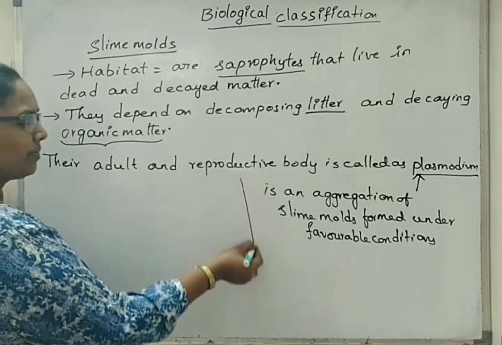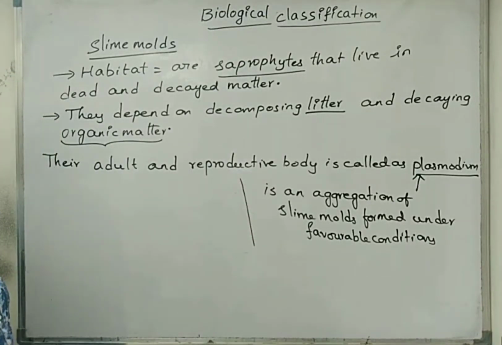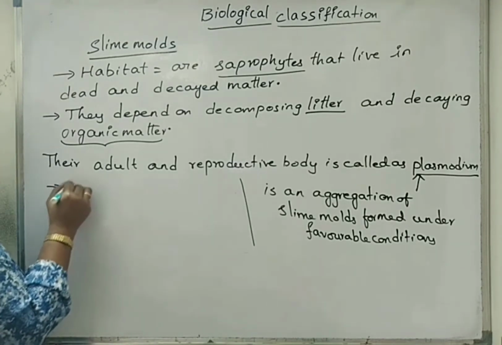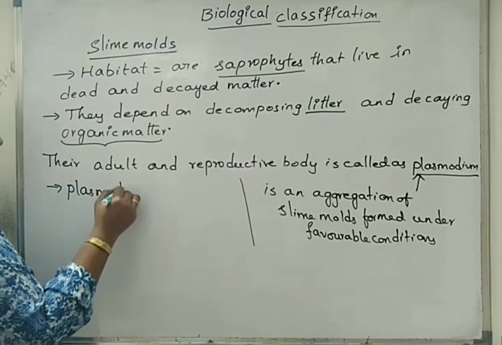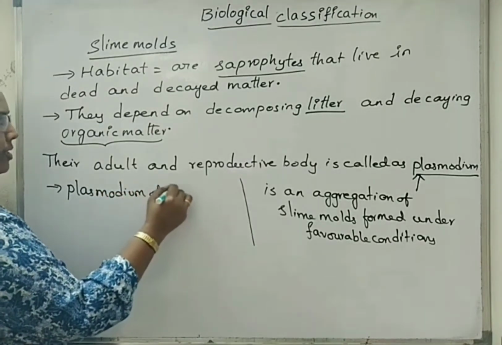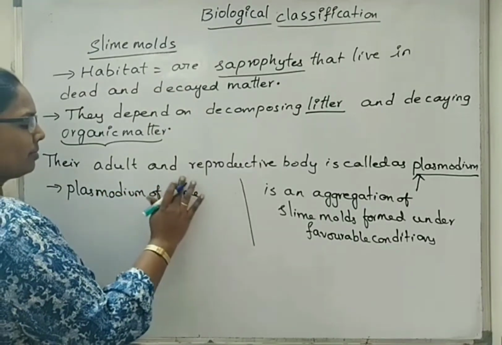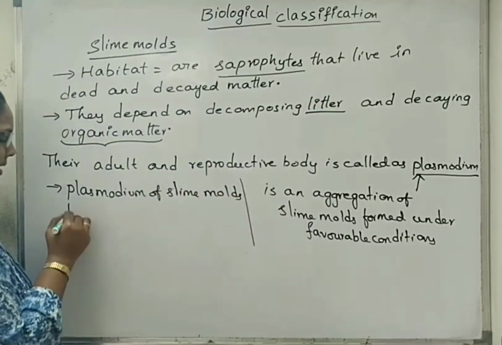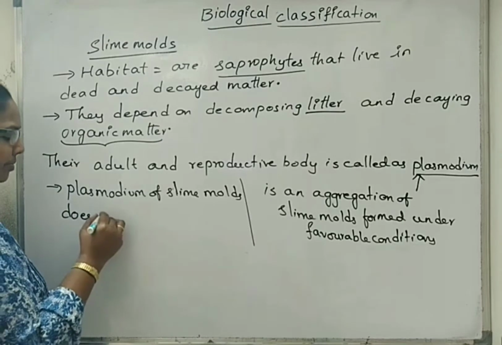This plasmodium obtains nutrition by absorbing organic matter from the decaying matter. The plasmodium of slime molds does not have a true cell wall.